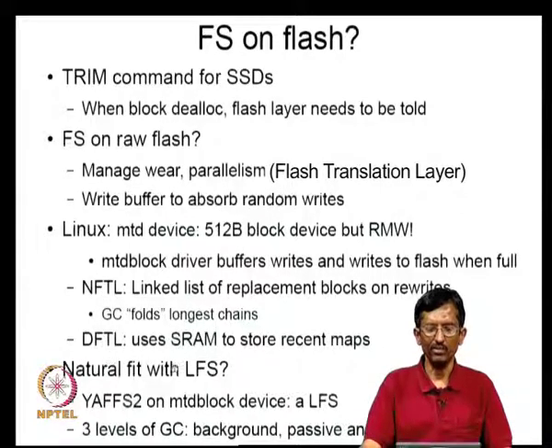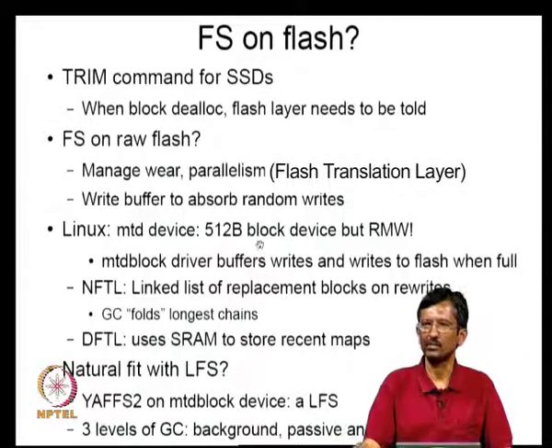In DFTL, you will notice that for doing this copy on write, or essentially non-update in place, you have to keep changing the pointers. If you have a large flash device and you assume 512 byte block devices, it turns out the memory required for keeping these pointers is substantial.